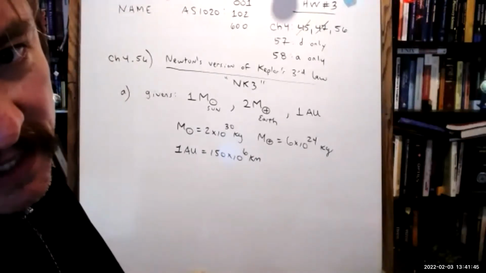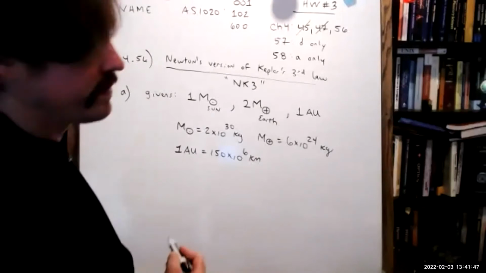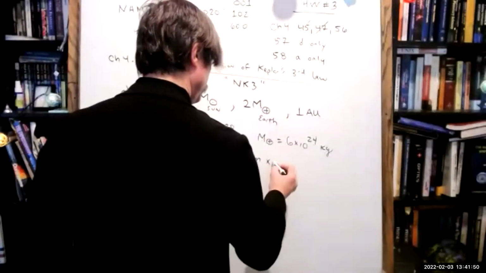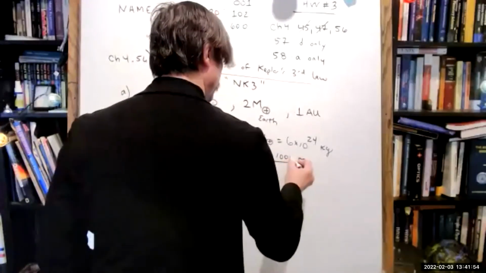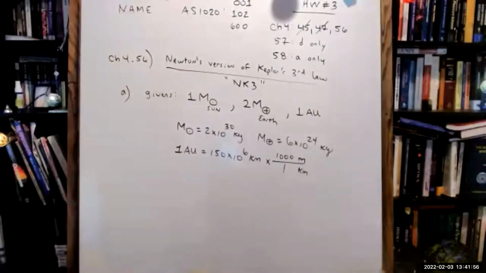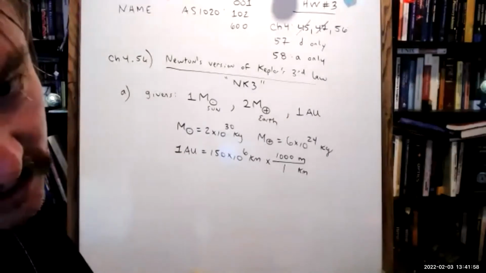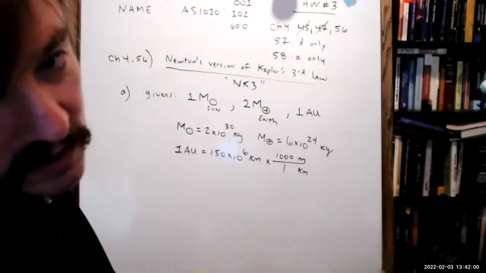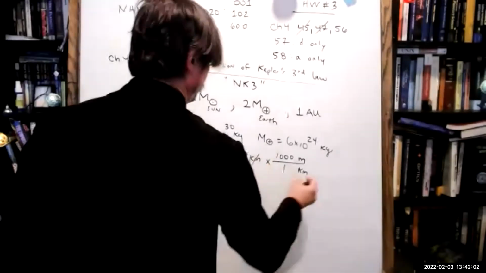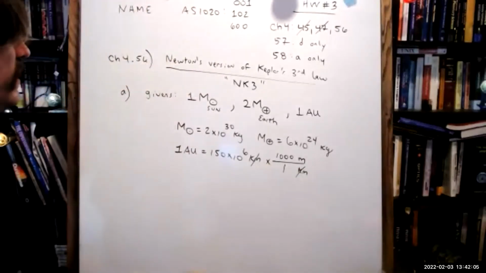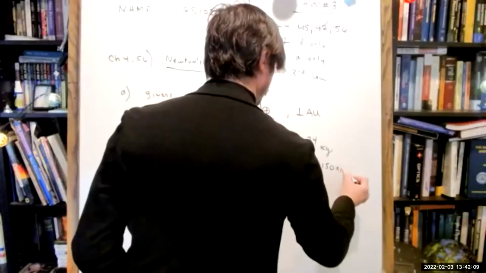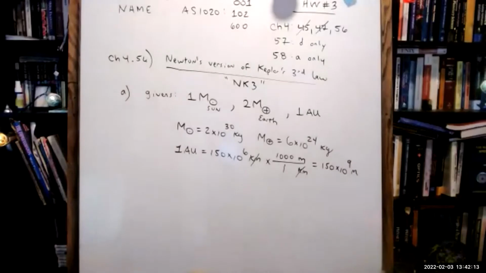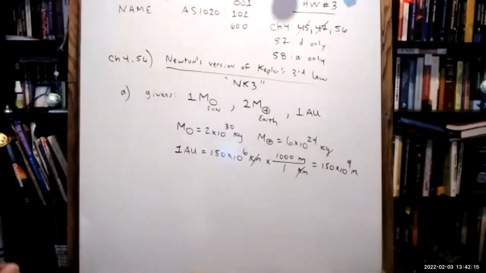And if you'll allow me to speed things up, because this is a kind of lengthy operation here, I'm quickly going to convert from kilometers to meters, just like we did in today's lecture. Use dimensional analysis, put kilometers on the bottom, meters on top. 1,000 to 1 is 150 billion meters. I did that rather quick compared to you guys, so watch out for that.